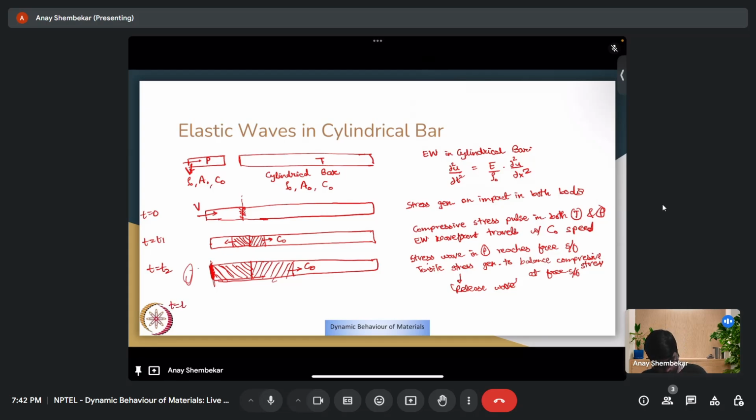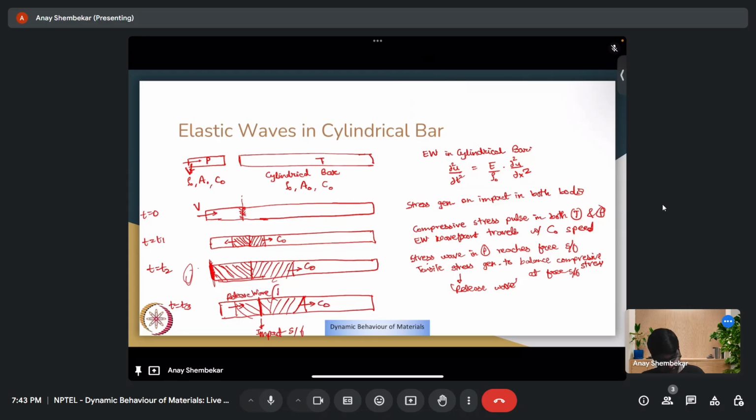So at t equal to t3, this release wave starts off from here, and which will balance out the stresses, is basically seen moving like this. This is my original impact surface. This is my C naught, and this is my release wave.